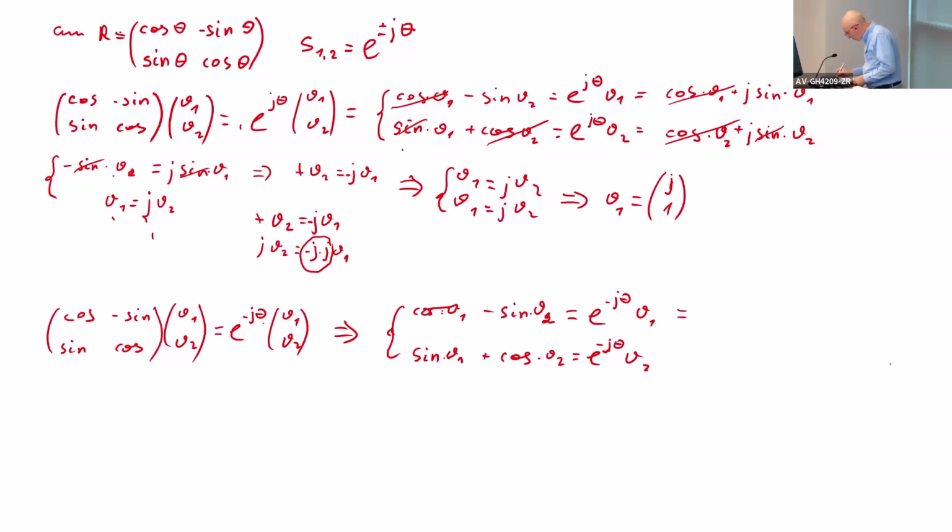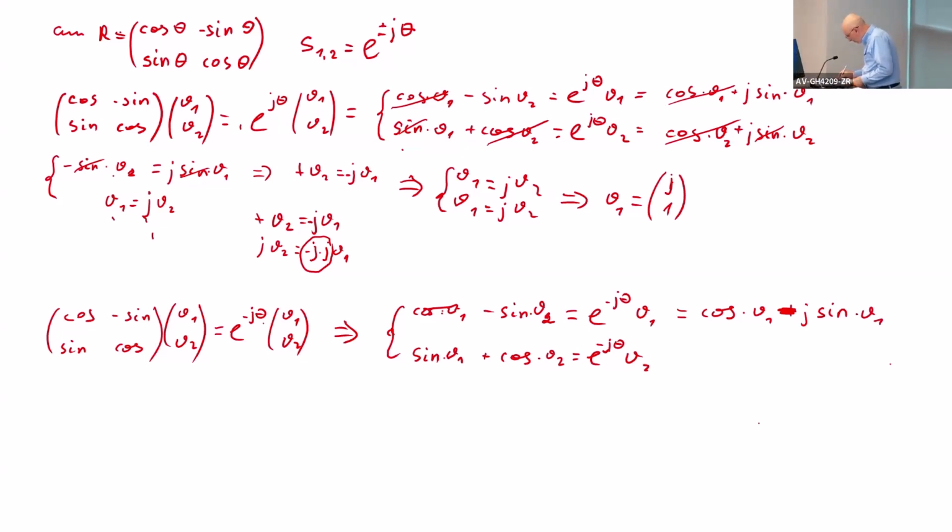Again, the cosine of minus theta is the same cosine, so it's still cosine of theta times v1, plus j sine, but in that case it will be j sine of minus theta. The sine of minus theta is minus sine theta, so practically it will be minus j sine times v1.